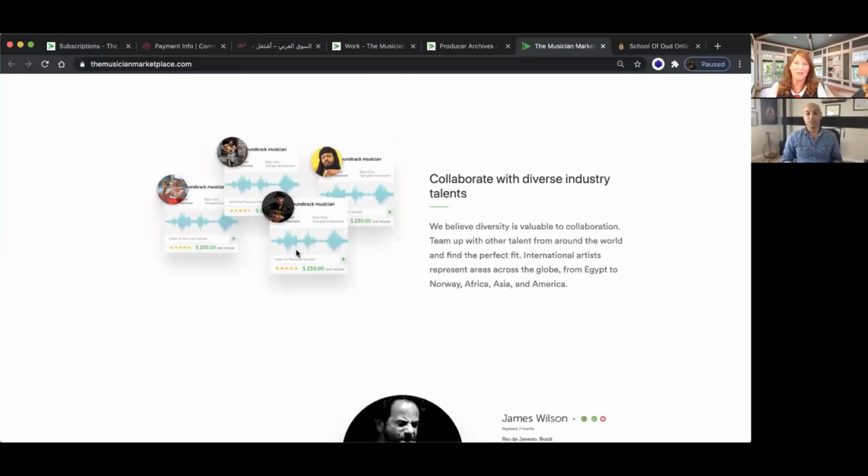The musicians are making great money, since it's like LinkedIn together for musicians. Somebody in Norway will be in contact with somebody in Asia, and somebody in China will be in contact with somebody in America, even if the American people don't want to contact, but they contact on the Musician Marketplace because they love the musician market.